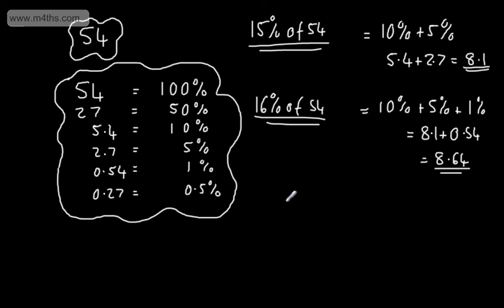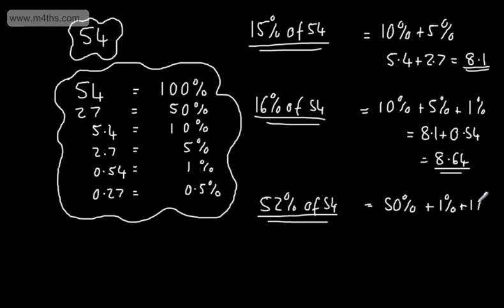So let's say we wanted now, let's go for 52% of 54 without a calculator. Well, I know that my 50% is going to give me 27. So what I'm going to say is 50% plus 1% plus 1%. You could, of course, put plus 2 lots of 1%. So this is now going to give me 52%.